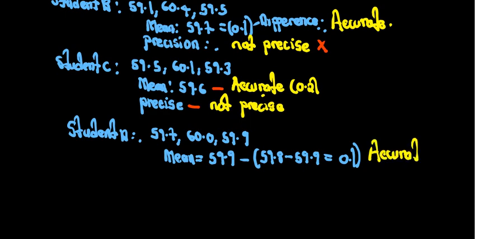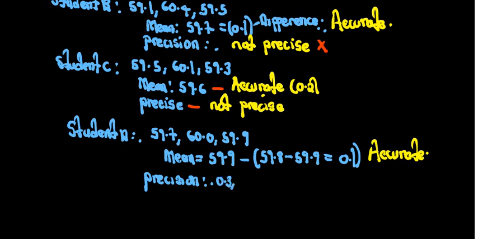Let's find out. For precision, what is the difference between these numbers here? I'll start with the first one, 60.0 minus 59.7. I am getting a difference of 0.3 here.